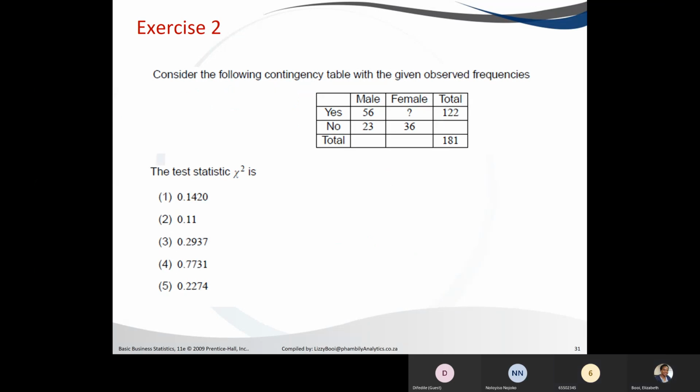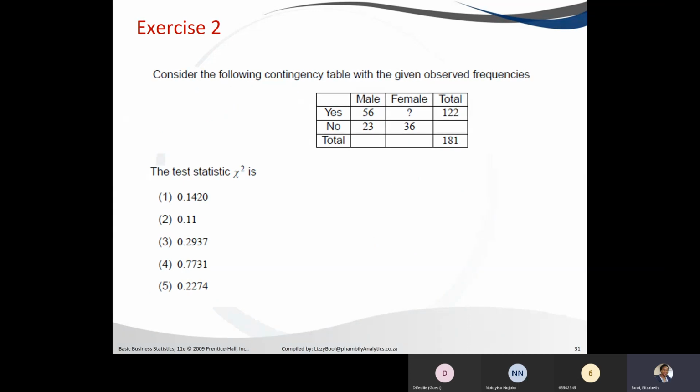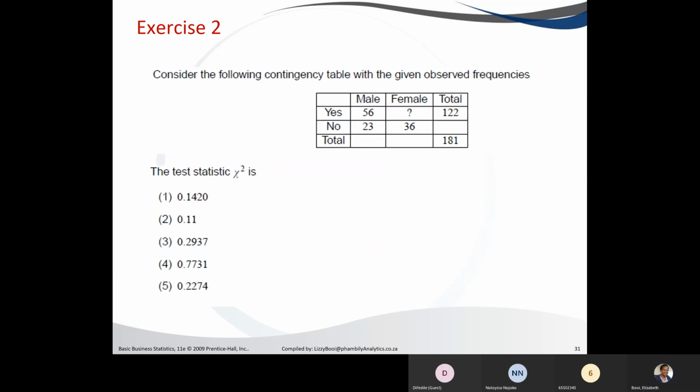Remember I told you, calculate all the expected values. Your next exercise, for 5 more minutes: calculate the test statistic. If you have calculated your expected values, draw another table close by, because you only need 2 columns and 2 rows.